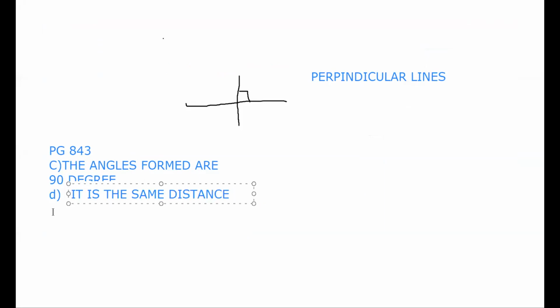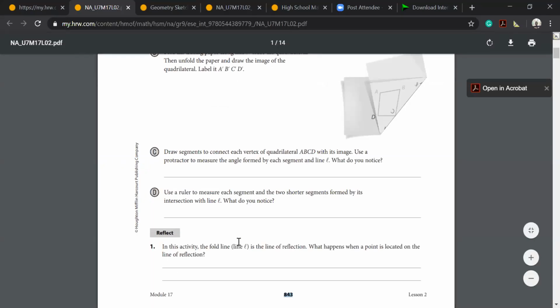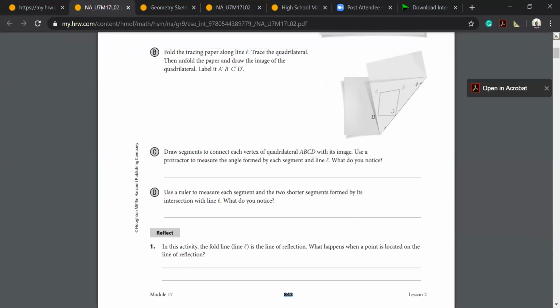Okay. Going back to our book. Reflect 1. In this activity, the fold line is the line of reflection. What happens when a point is located on the line of reflection? As I told you, as your finger stuck on the mirror, the image will be the same as the preimage.